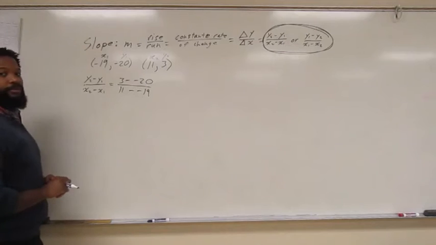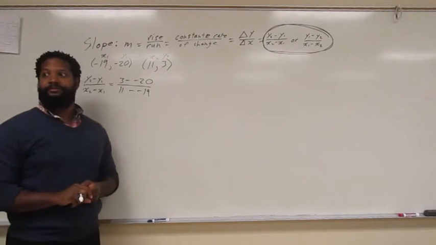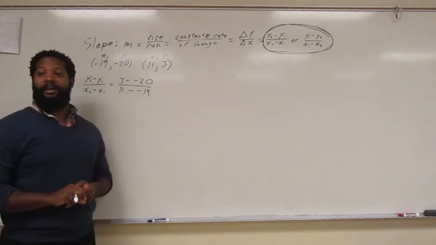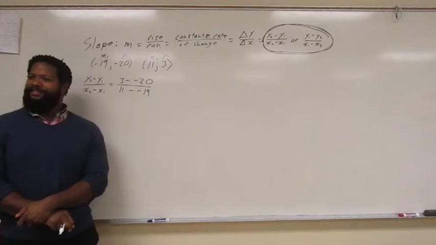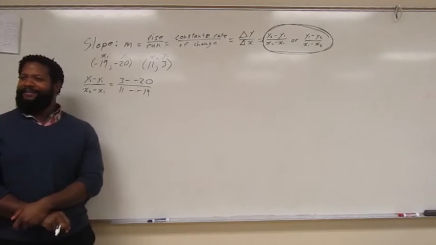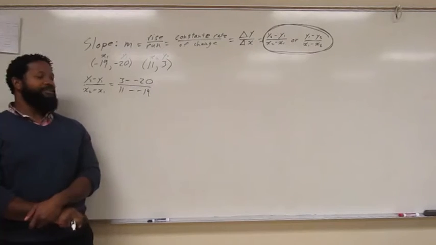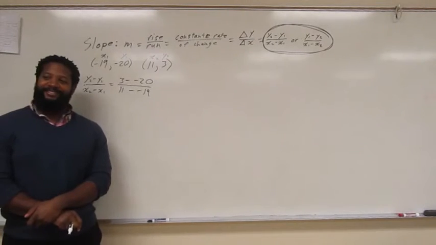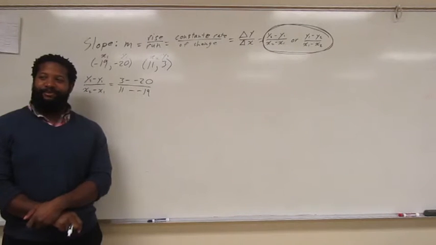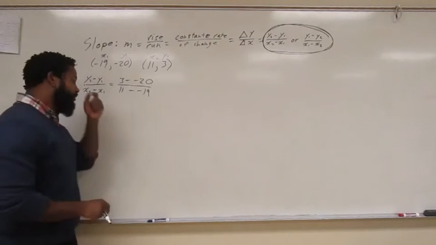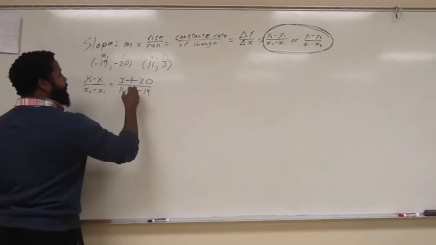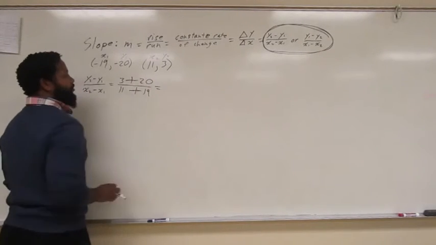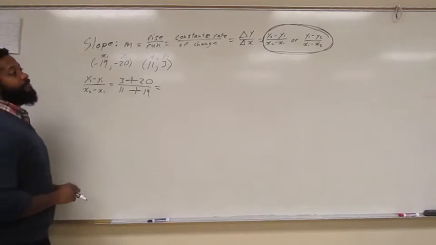What happens when we're subtracting a negative? You're adding. It turns into a positive. What's 3 plus 20? 23.